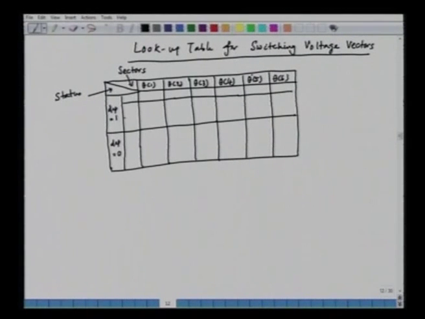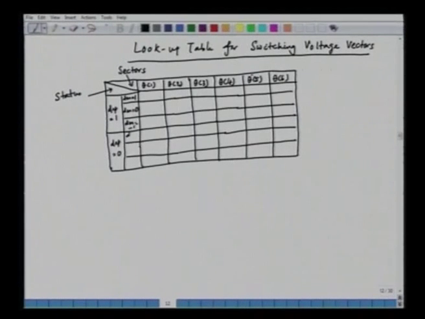So, we have 3 different torque status, dm equal to 1, dm equal to 0 and dm equal to minus 1. And similarly, here also we can have 3 possible torque status, dm equal to 1, dm equal to 0 and dm equal to minus 1.